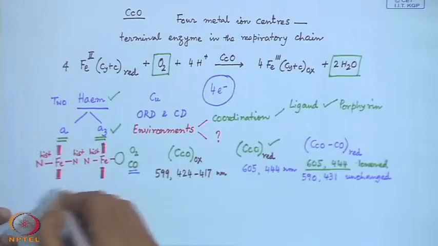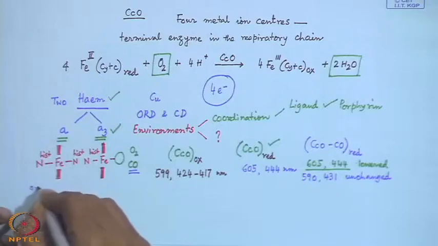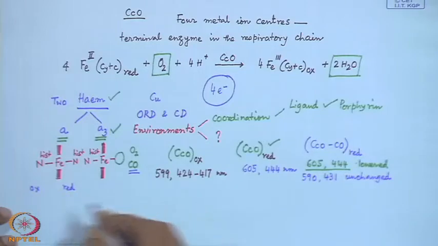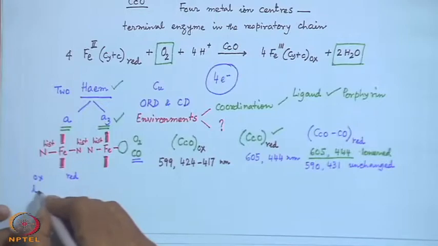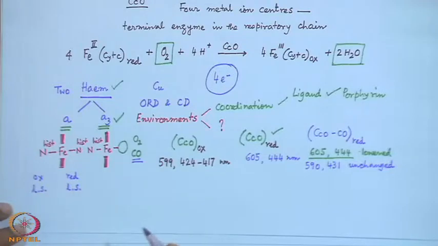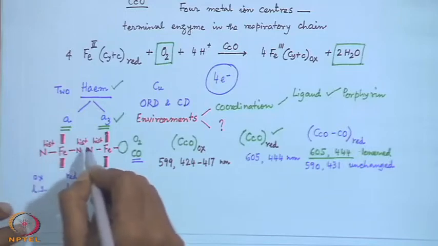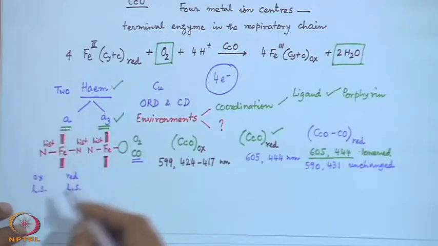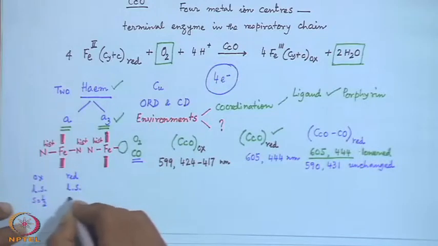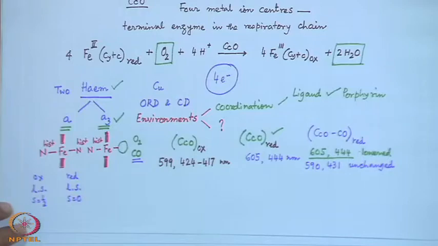In the oxidized form, which is 6 coordinate, we know it can have the low spin form, and the reduced form can also have the low spin form, because these are the most predominant forms for the hexacoordinated iron site of heme A. So, the oxidized form has S equal to half and the reduced form has S equal to 0.